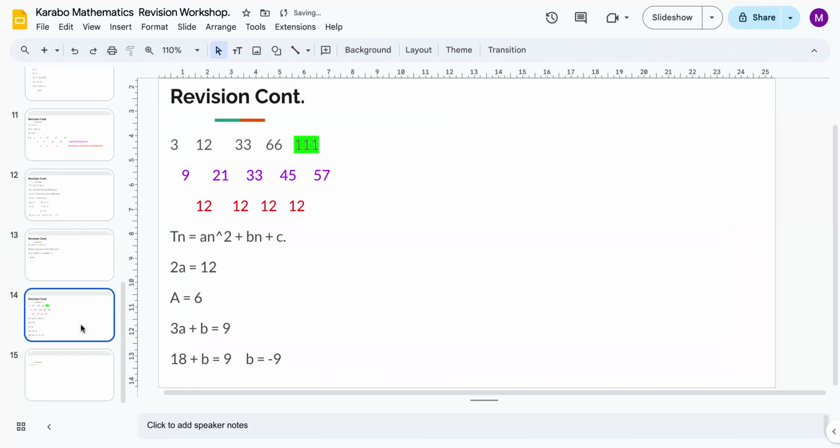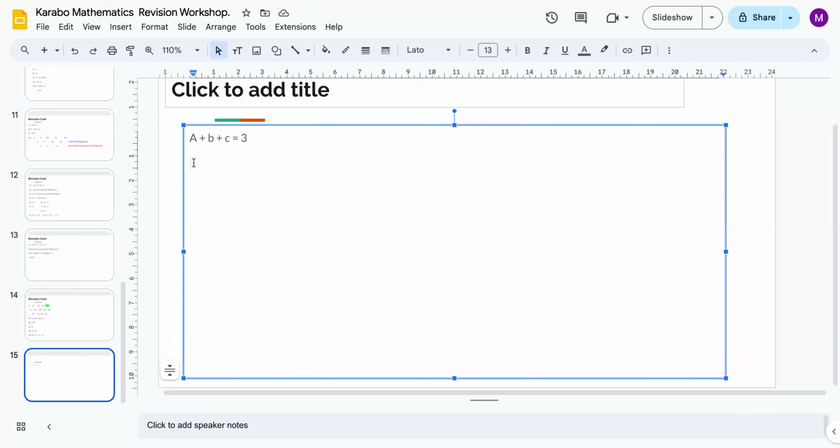All right, we already worked out our a was 6. Our b was minus 9. So 6 minus 9 plus c should give me 3. Okay, and a little bit of quick algebra there. We should get that our c value is positive 6.